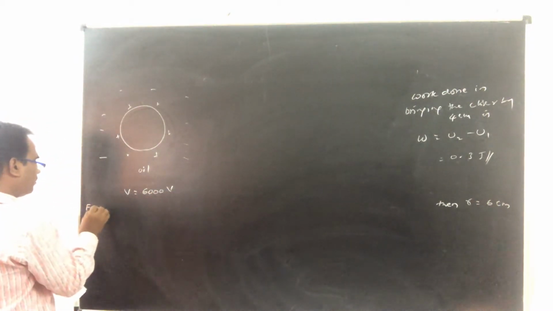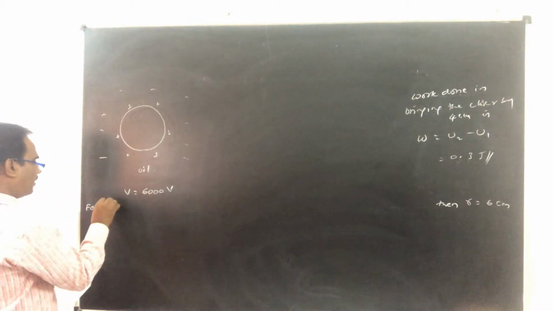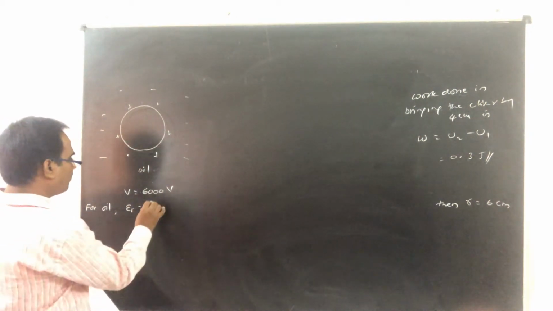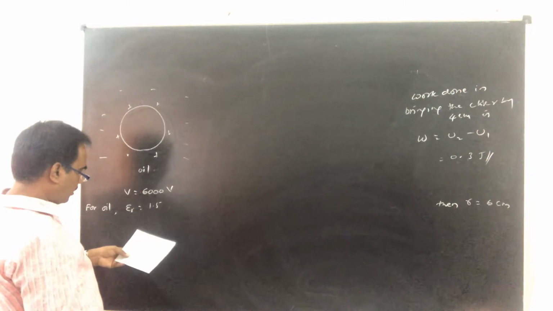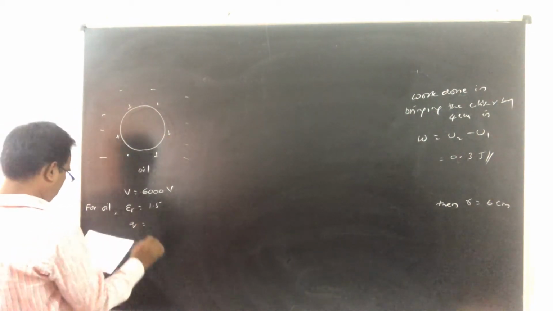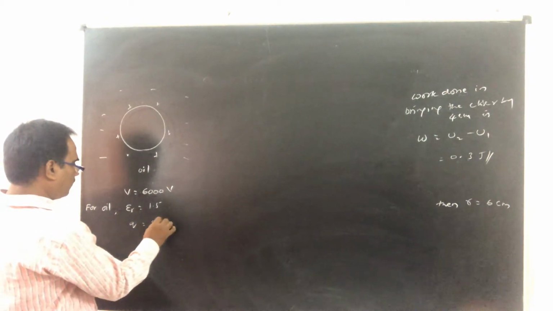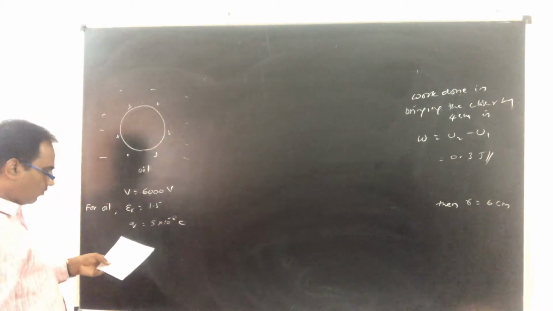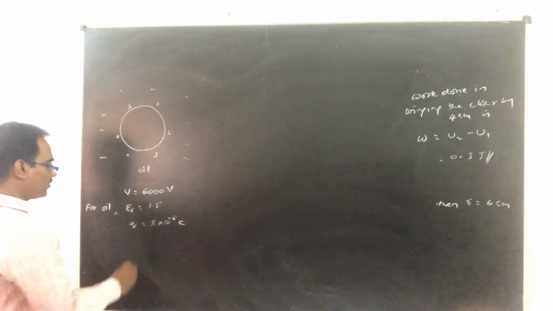For oil, dielectric constant or relative permittivity is given as 1.5. It has a charge of 5 × 10⁻⁸ coulomb. Now you are asked to calculate the radius of the spherical conductor.